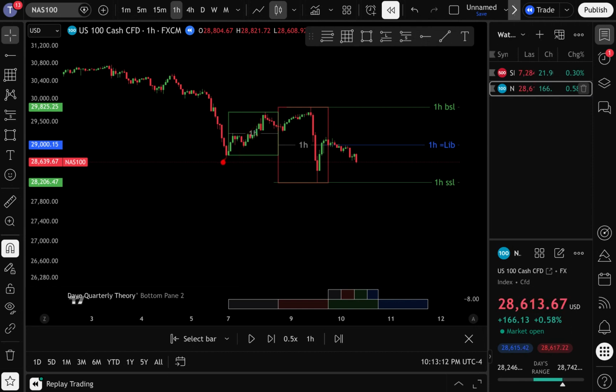For Q1, what did we accumulate? We accumulate a bullish range with buy side, sell side, and equilibrium as a key level of liquidity that the algorithm will target. Manipulation. What did we manipulate?